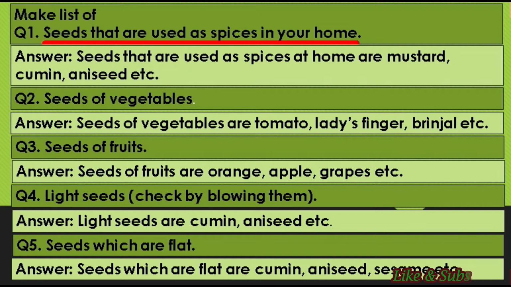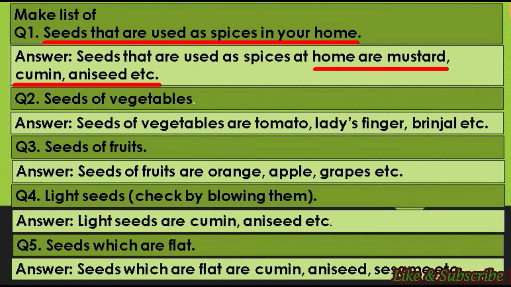Here you have to answer what seeds are basically used as spices in your home. So students, generally in everyone's home, mustard, cumin, aniseed are used as spices. And students, this answer is just a suggestion. You can add more to it after discussing with your mother.